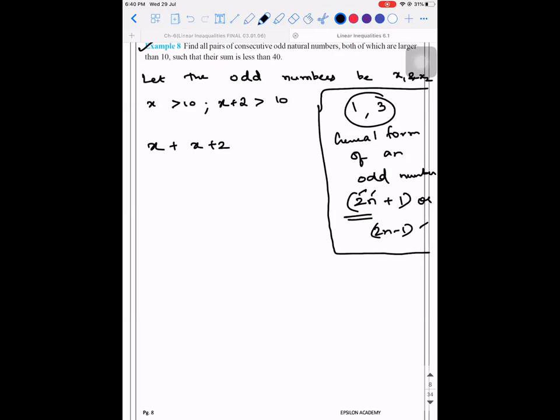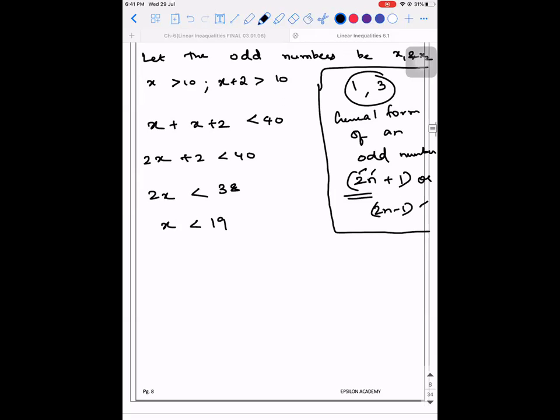So x plus x plus 2, that is 2x plus 2, is less than 40. So 2x should be less than 38 and x should be less than 19. So what is the minimum value of x that is possible? 10, and the maximum value is 19. So what are all the pairs of odd numbers?